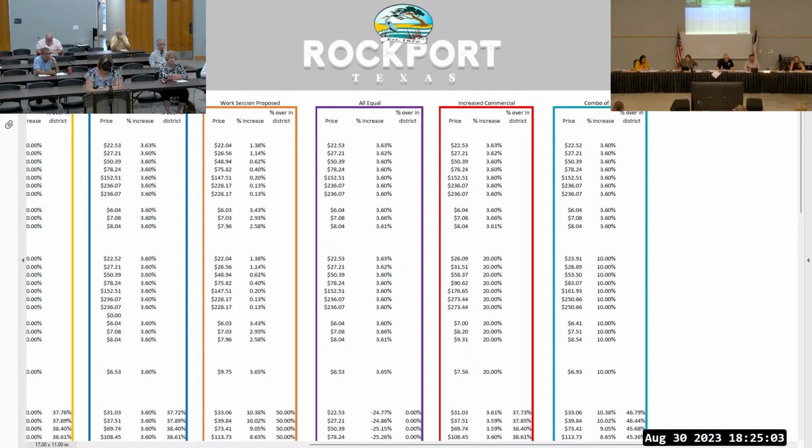Increase the in-city limit rate 5%. I'm talking about commercial only. So we'll start with commercial only. The inside and outside, if we kept that at, say, that 20%, correct? Correct. Okay, now let's talk about the outside and inside residential. Maybe splitting up, instead of having that full 3.6%, since we're gonna up the commercial 20%, maybe we can down that a little bit.